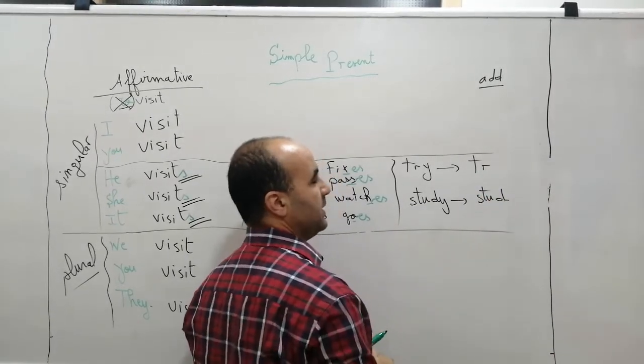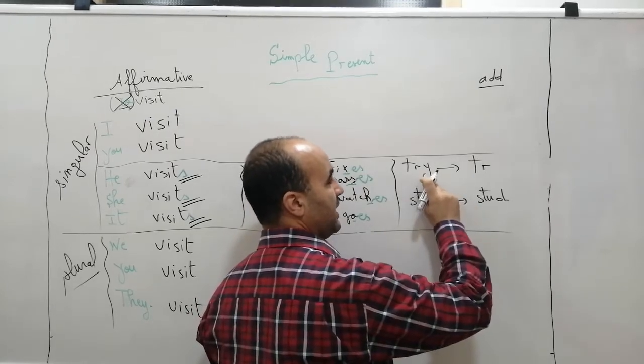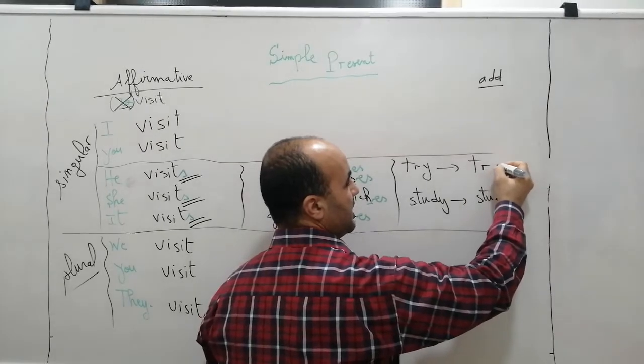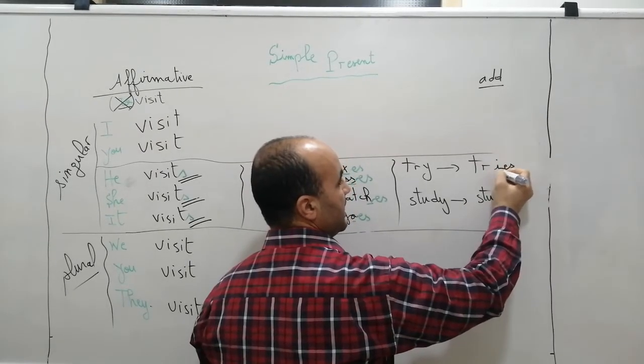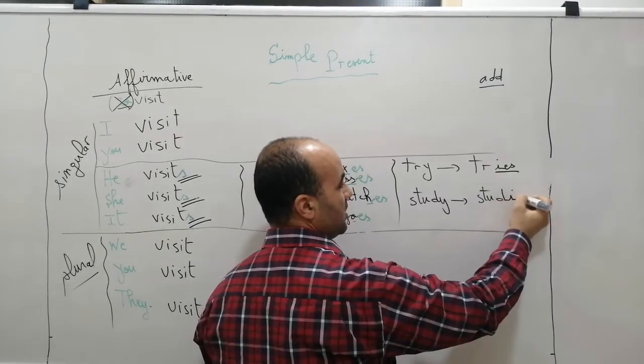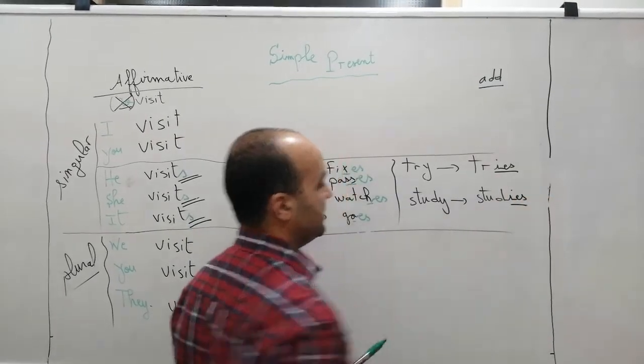Good. What do we do here? Try, I drop the Y and I put I, then I add ES. The same. I drop the Y and add ES.